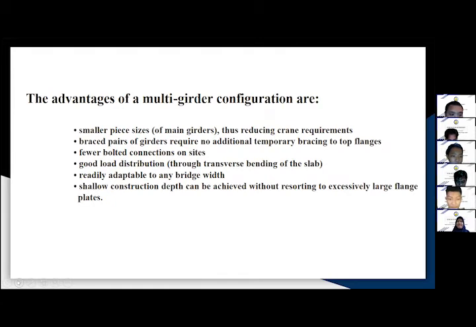Fewer bolted connections on site. Good load distribution through transverse bending of the slab. Readily adaptable to any bridge, and shallow construction depth can be achieved without resorting to excessively large flange plates.